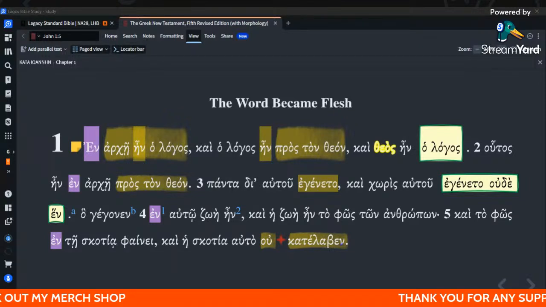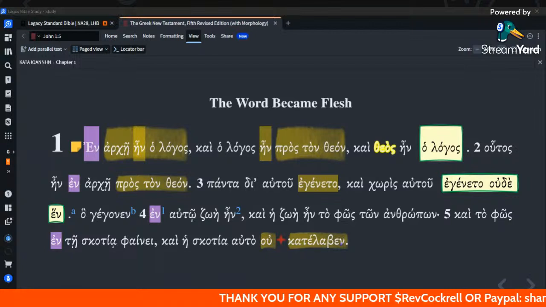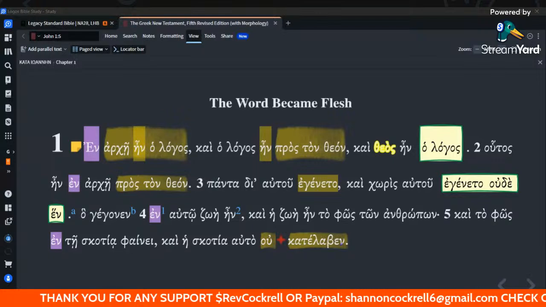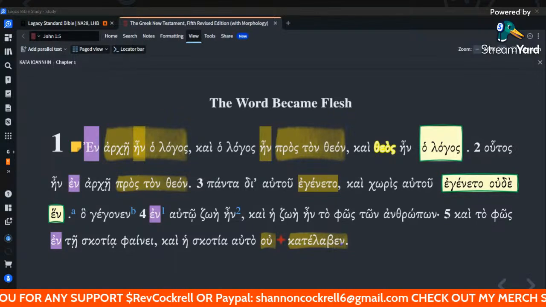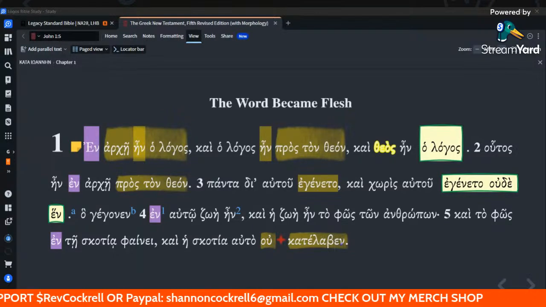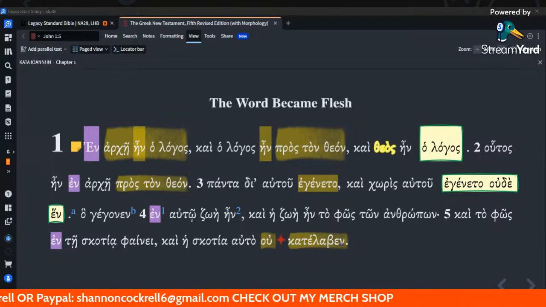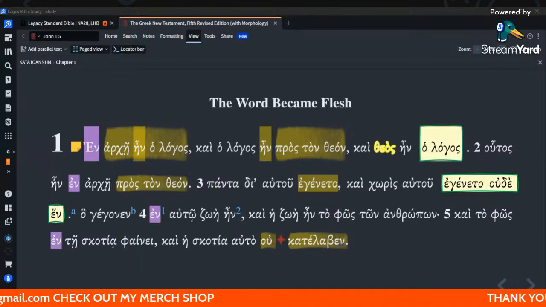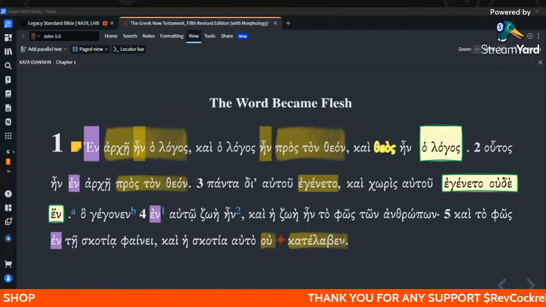Verse 5, and the light shines in the darkness, and the darkness could not overtake it.